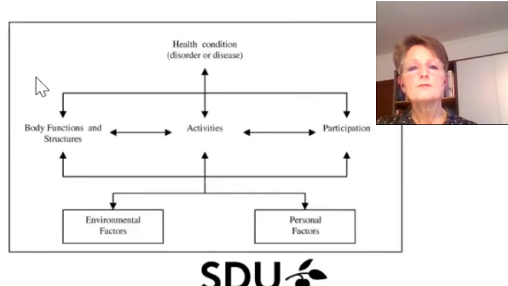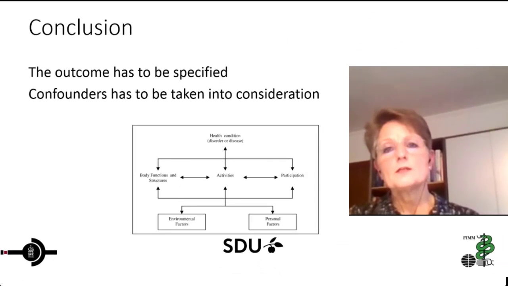For instance, if you want to treat specifically, you can look into items defining body function. If you look more into group-based sessions, for instance education and activity-based treatment, then you have to take into account the environmental factors and the effects of coping strategies among patients.